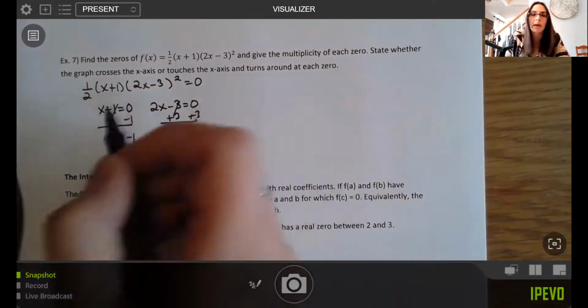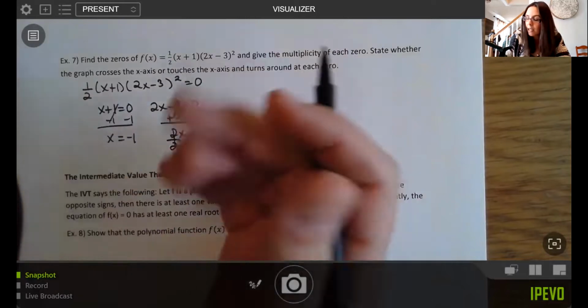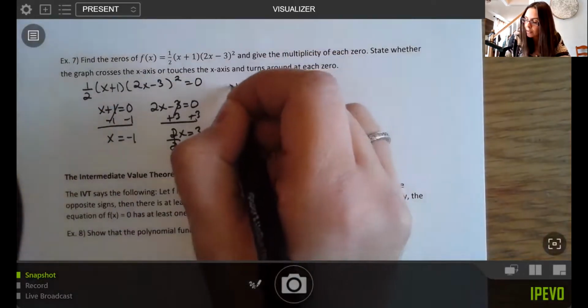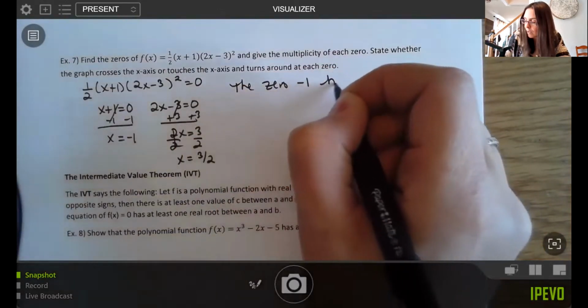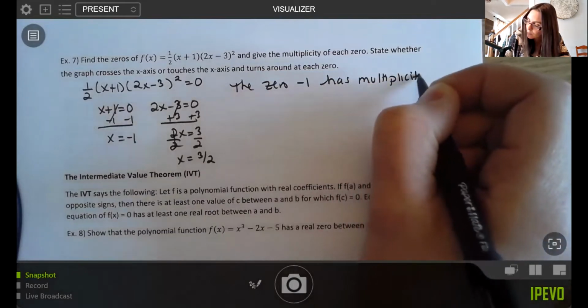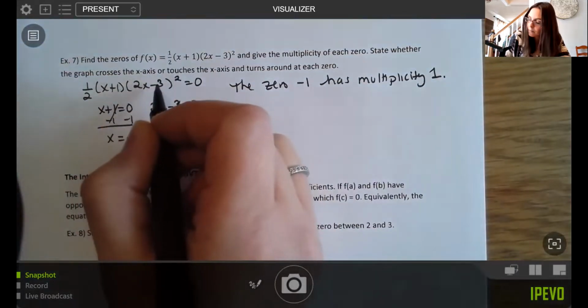Now for the first one, notice that the factor of x plus 1 only occurs one time. If there's no exponent there, there is a 1. So the zero, -1, has multiplicity 1, but this factor appears twice.